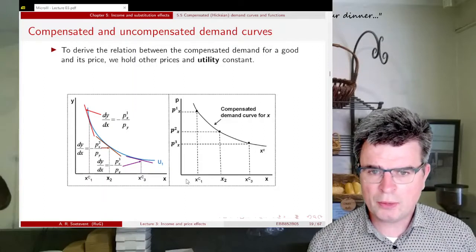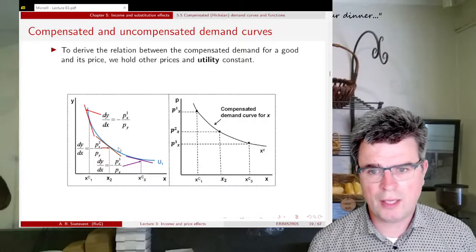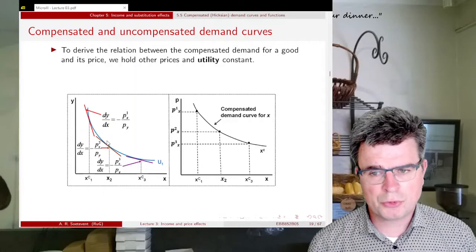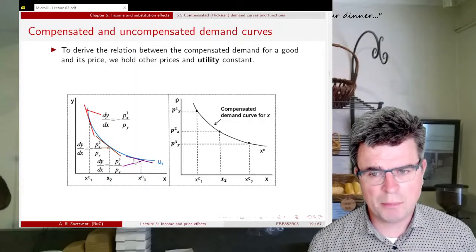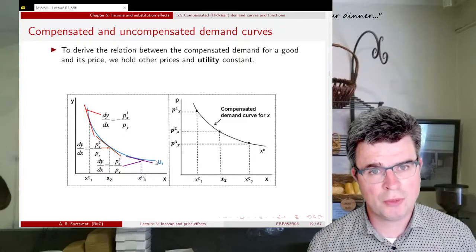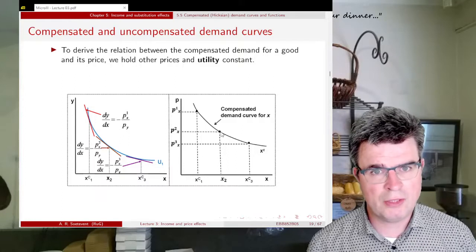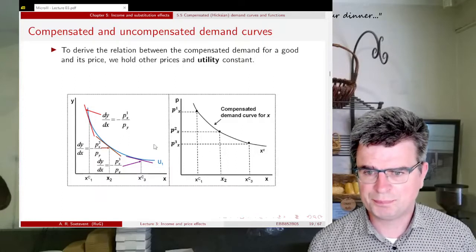So now we are going to derive the compensated demand curve, and we're going to sketch the relation between how we move along the indifference curve, staying on the same initial indifference curve U1, and how that will lead to changes in the compensated demand.